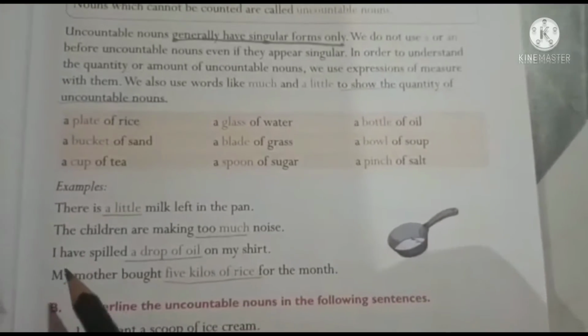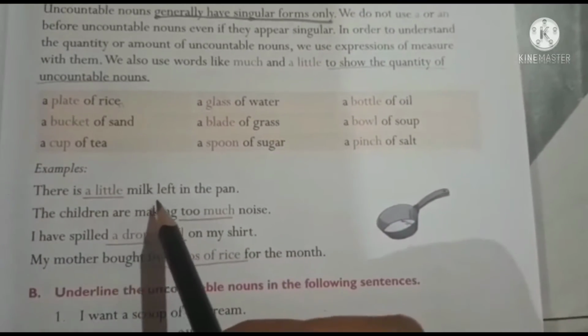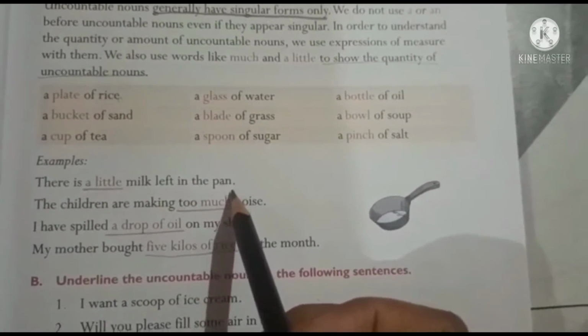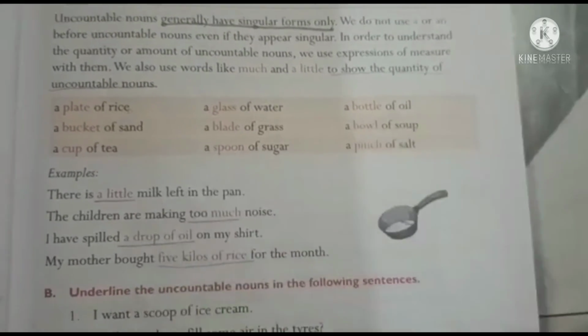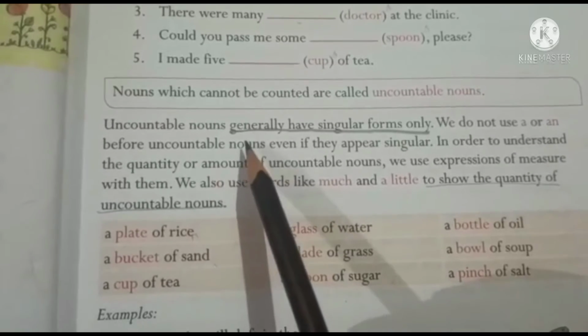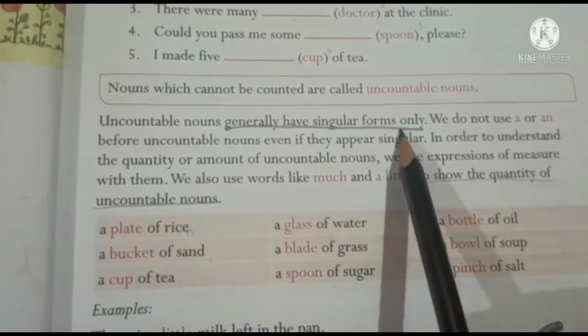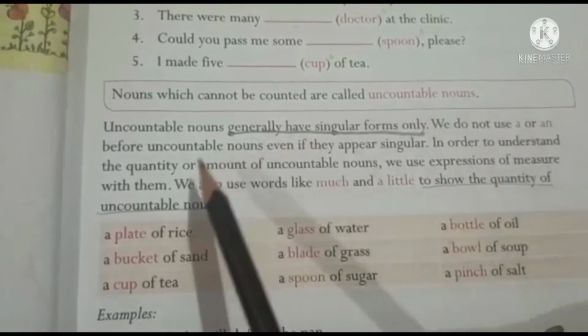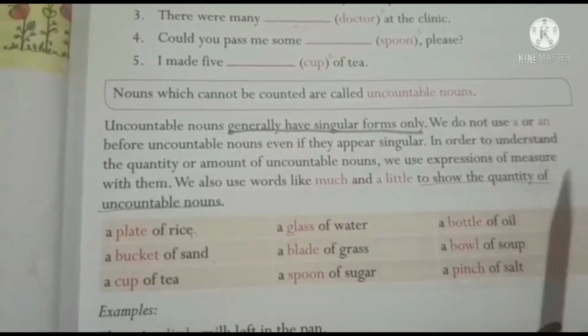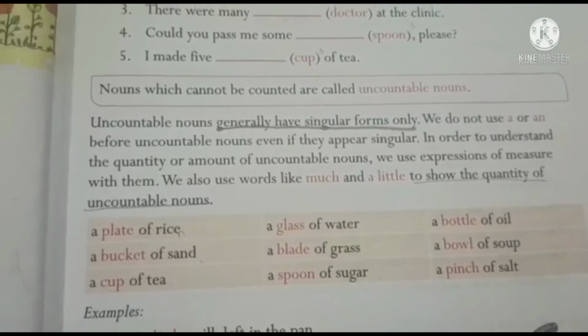See some more examples. There is a little milk left in the pan. We have used little with this word milk. So children, uncountable nouns generally have singular forms only. And we do not use a or an before uncountable nouns, even if they appear singular.